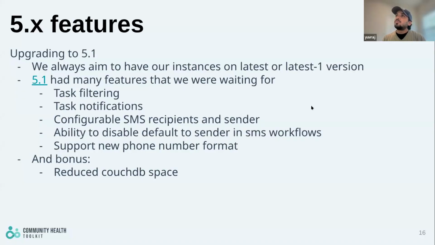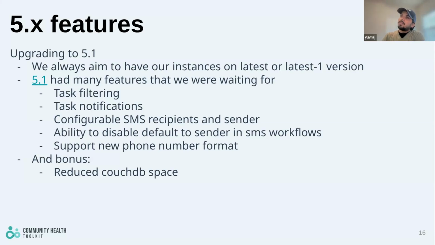We were on 4.22 before upgrading to 5.1. Some of the features that we wanted in our instances have already been discussed, like task filtering and task notification for app users. But we also had a lot of SMS deployments, so we needed some more features that are in 5.1, that is, configurable SMS recipients and sender, and also an ability to disable default to sender in SMS workflows.